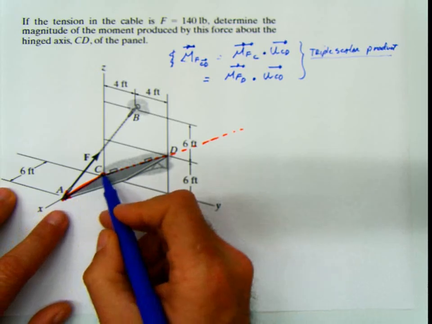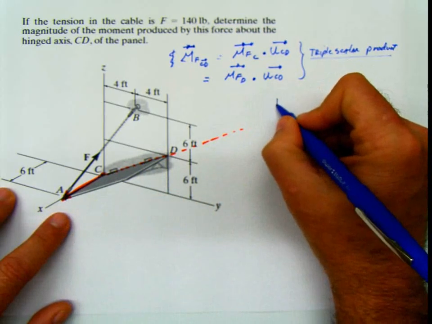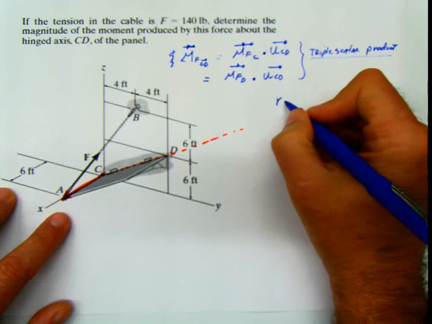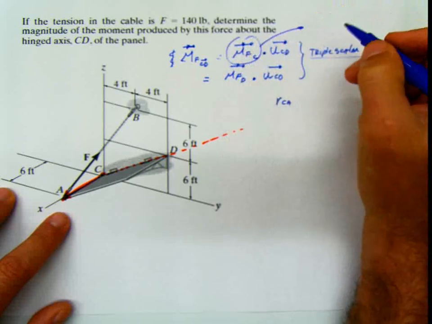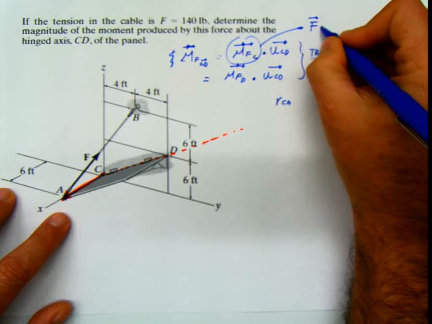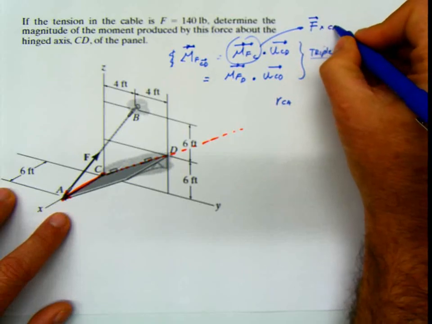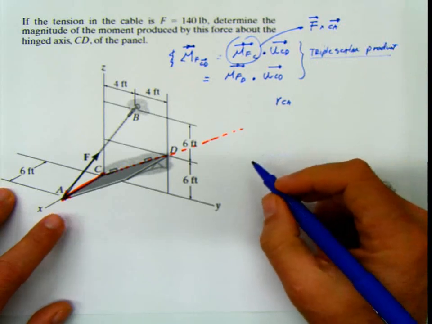Well, this is my vector here, my vector CA, because the moment of the force with respect to the point C, basically, what I'm saying is going to be F cross CA. So then I have to know how much is CA.